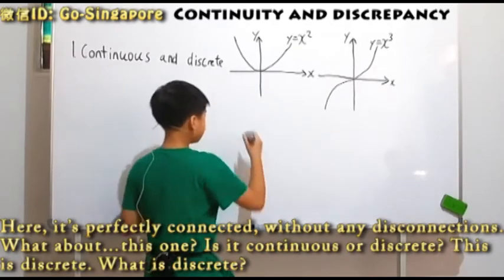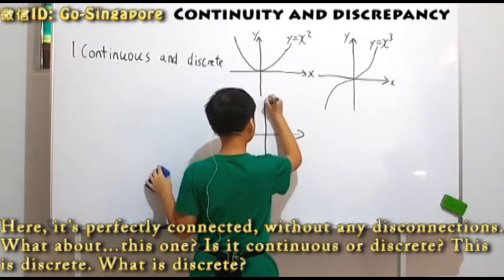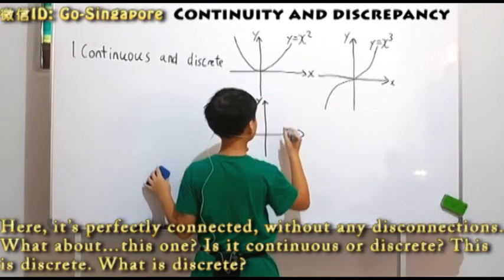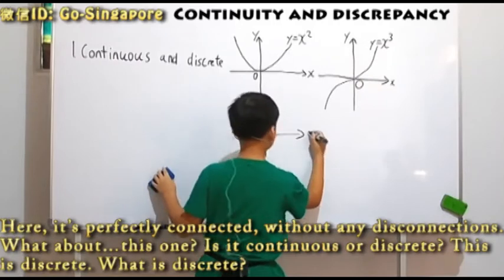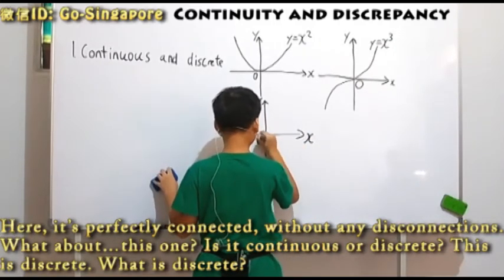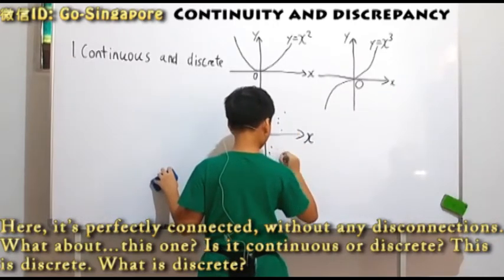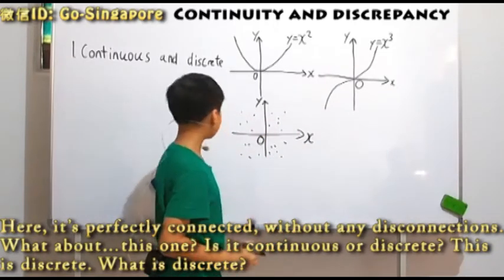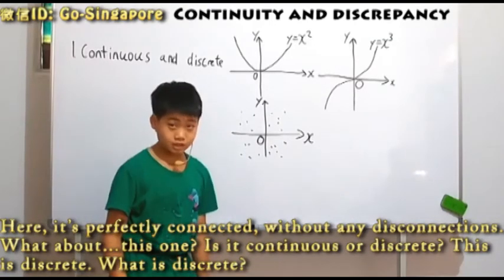What about this one? Is it continuous or discrete?